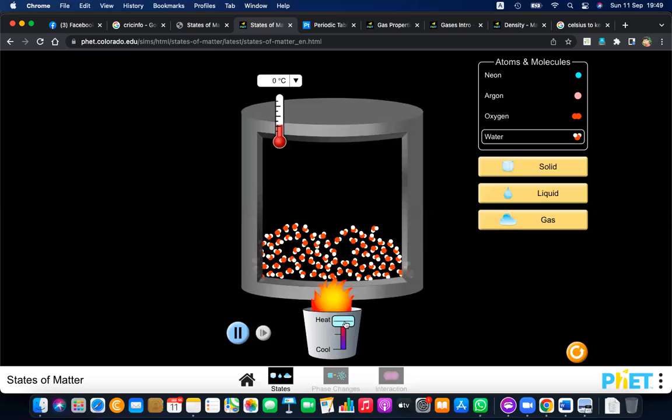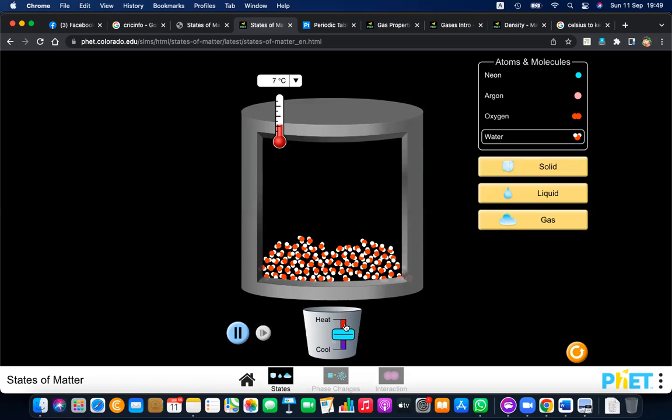7 degrees Celsius now. Let's reduce: 5, 3, 2, and this is 1 degree Celsius. You can see now it is basically taking the shape of the container.